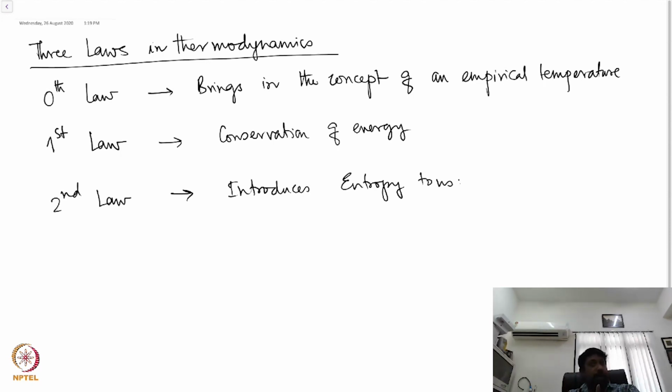Now, given a thermodynamic system, of course, the system is never going to remain in its state. At some point of time, it's very natural that you take the system to a different thermodynamic state.